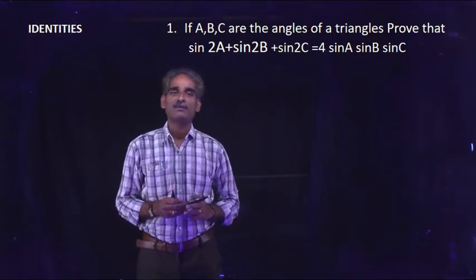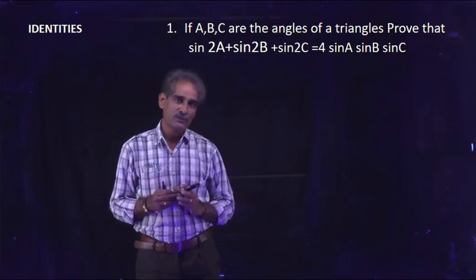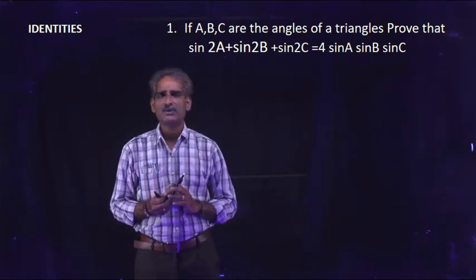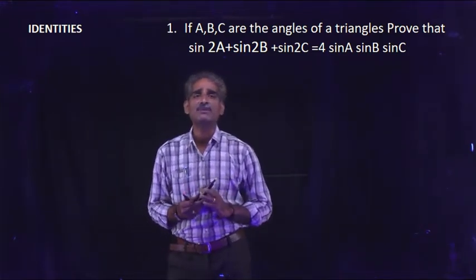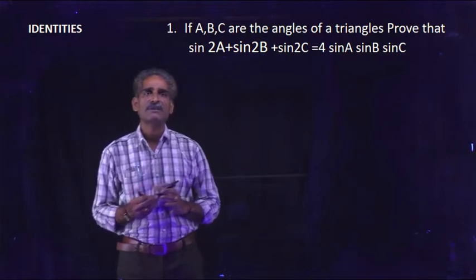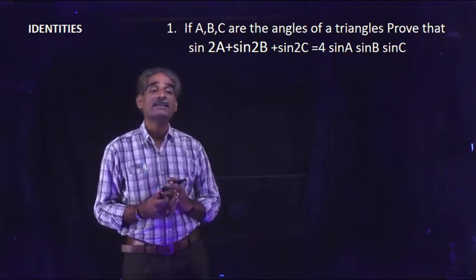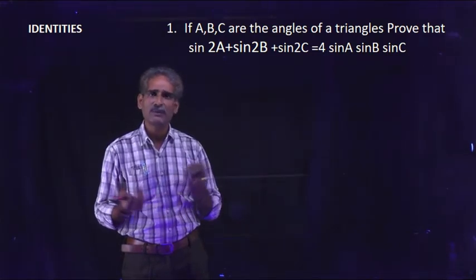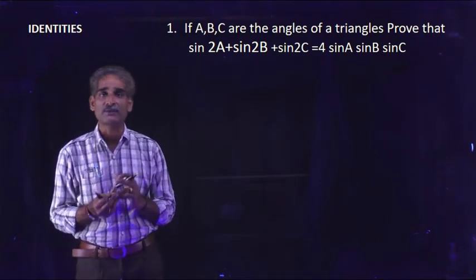See this problem, identities. This model is very, very important. In transformations, the identity part is very important. Identity means some relation between A, B, C is given. A plus B plus C is equal to 180, as the angles of a triangle ABC. He may give A plus B plus C 0, A plus B plus C pi by 2, or A plus B plus C equals something.